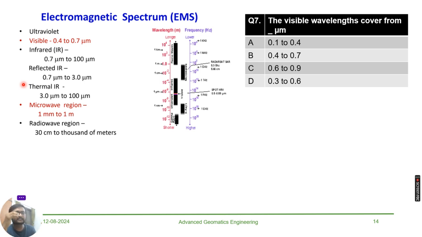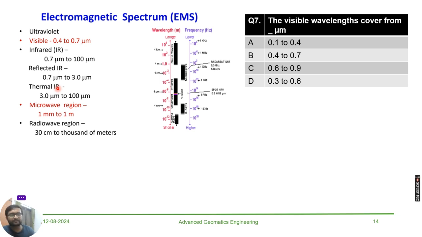So that is an outgoing radiation from the object. It is ranging in this 3 to 100 micrometer region, which is the thermal radiation according to the black body radiation rules. That's why it is known as thermal infrared radiation, where we are using the concept of emittance, basically the emitted energy from the object, to detect that object.